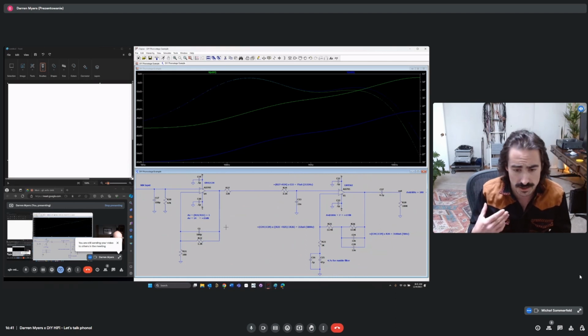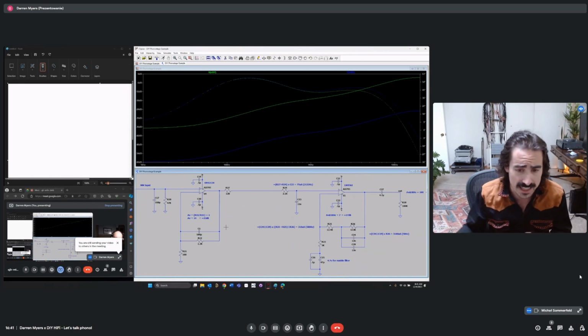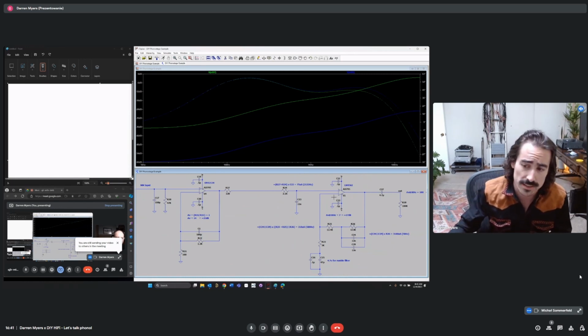One is that we are creating a pole far up that is going to limit the bandwidth of this stage, and it's going to create a low pass filter. In this case, it is going to be used for making sure that we don't have RF pass through this stage and cause slew rate induced distortion of not only this amplifier but the amplifiers that follow.